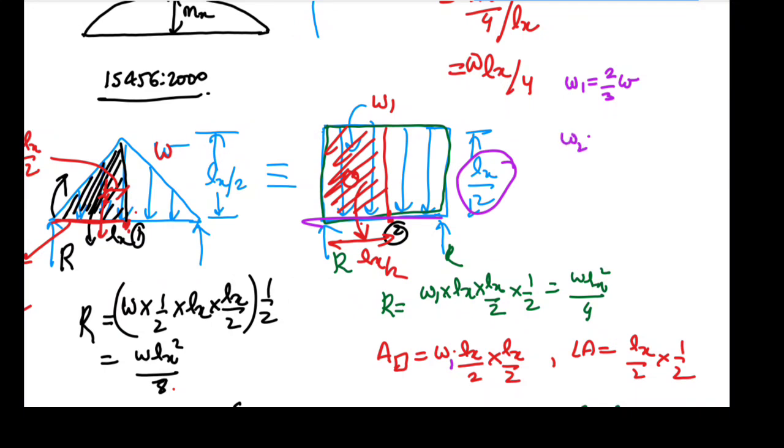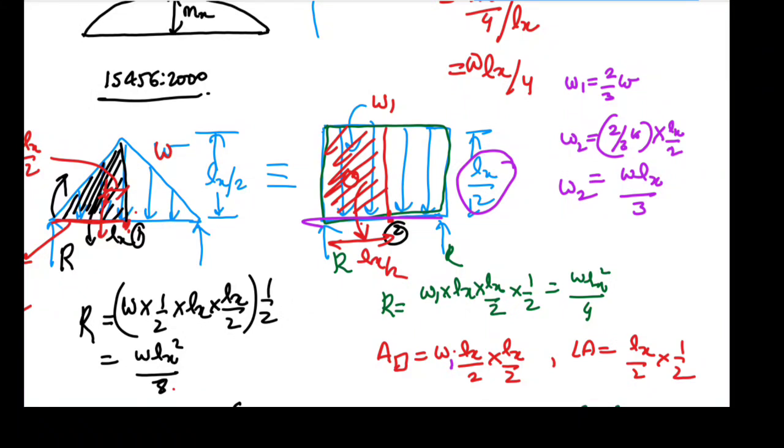W2 is nothing but the line load on the beam. So line load will be 2 by 3 of W into Lx by 2. Why Lx by 2? Because this is the width of the slab and this is the area loading. So this is W Lx by 3. Okay, this is the final answer.